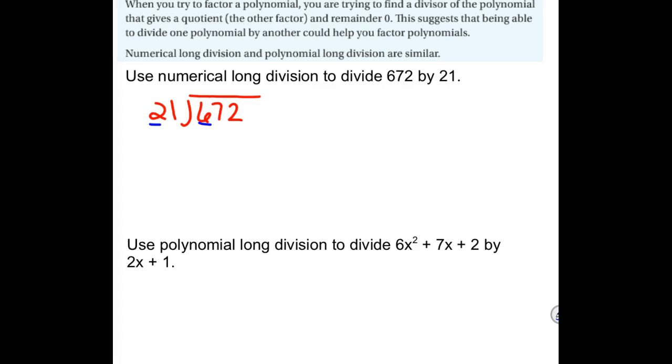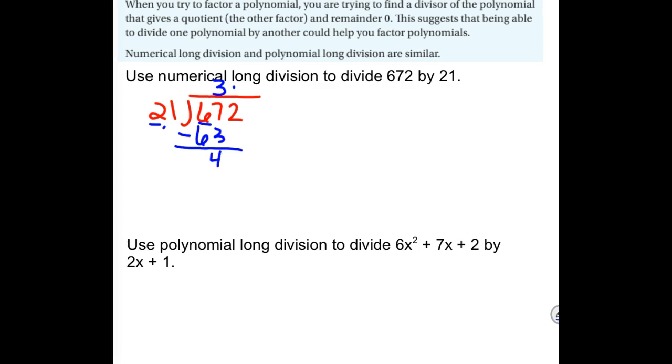So you wrote a 3 on top and then you multiplied the 3 with the 21. Yes? 3 times 21 is 63. You wrote that underneath and then you did what? You subtracted it. So 67 minus 63 gives you a 4.